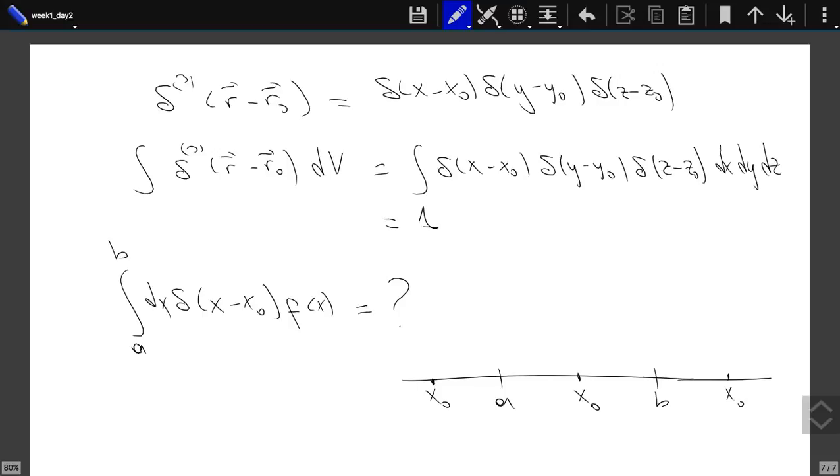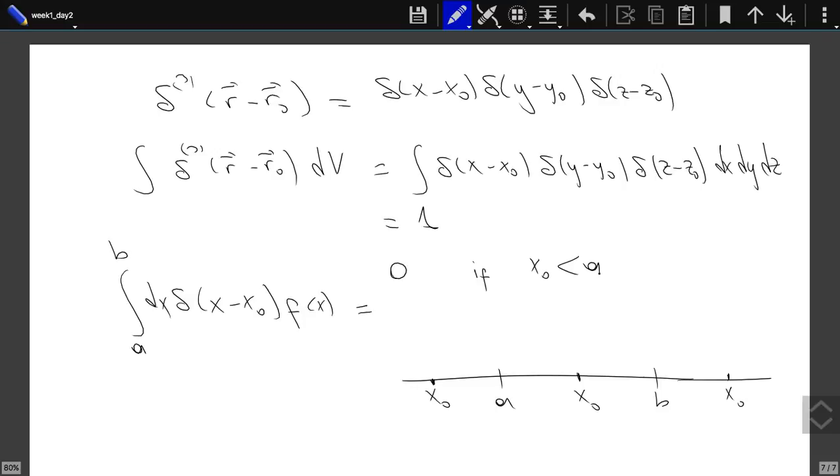But if x is always larger than x0, then this number over here is always positive, and the Dirac delta function is always 0 if its argument is nonzero. So this is always 0 in this interval if x0 is less than a. Just integrating 0 gives us 0. So that integral is equal to 0 if x0 is less than a.